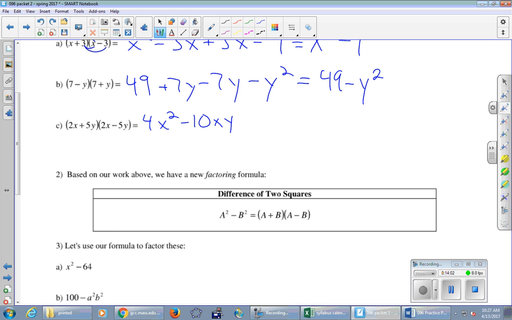And then we just copy the x times y. Can't do anything else. Inners is a positive 10xy. Those will cancel. And then last, negative 25y squared. And so our final answer there, 4x squared minus 25y squared.